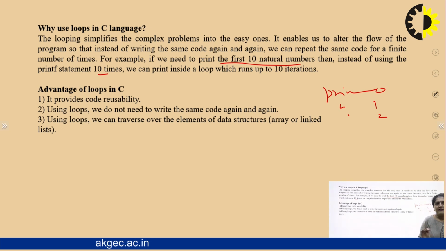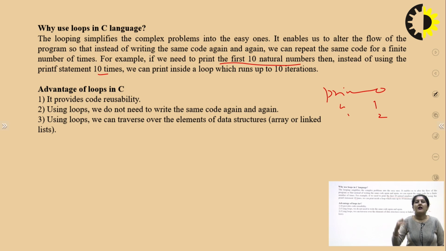So the advantages of the loops are: firstly, it provides code reusability. We can use that code again and again in more than one program, in more than one segment. Using a loop, we do not have to write the same code again and again. I am telling you from the start of the PPT that we simply write just one sentence for the iteration, and like in this example, we have to write only one line and it will print the 10 natural numbers.